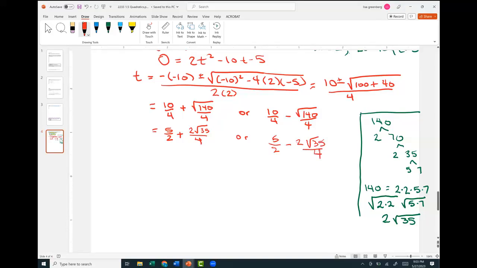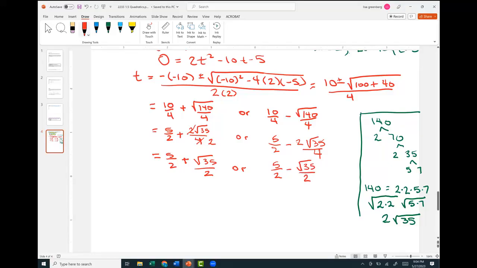All right, so we'll continue. 5 halves plus, well, 2 over 4 is the same as 1 over 2. So I have plus the square root of 35 over 2, or I have 5 halves minus the square root of 35 over 2.